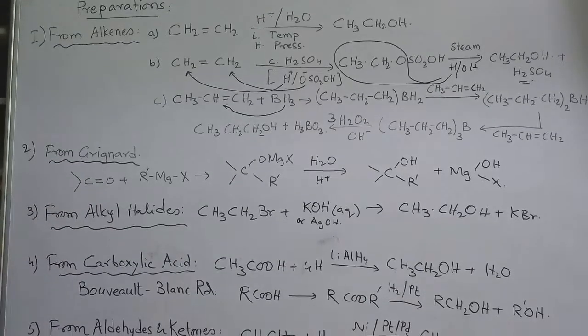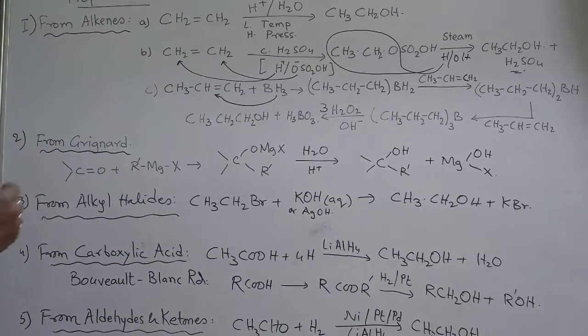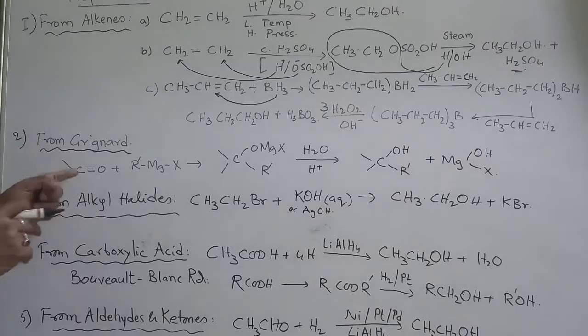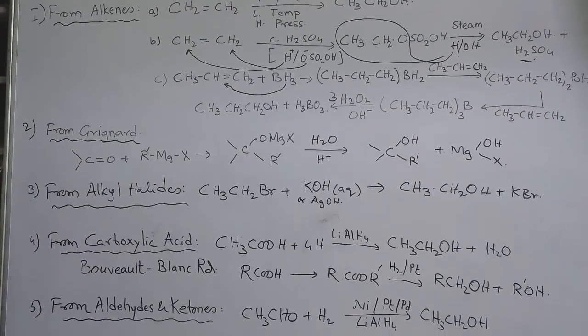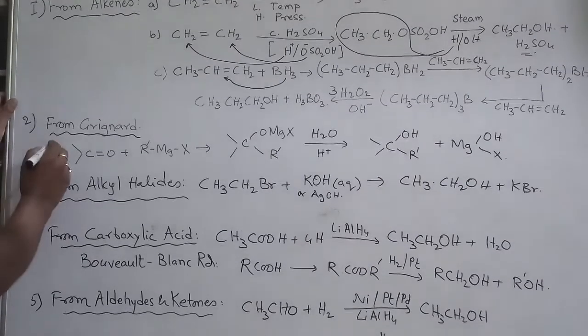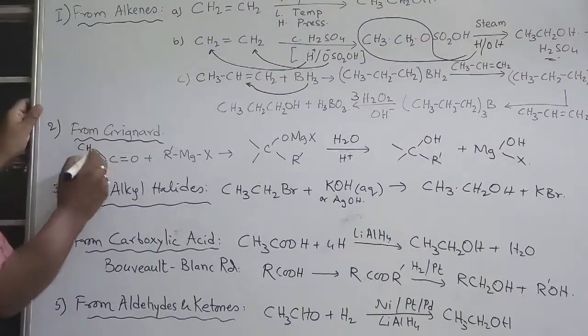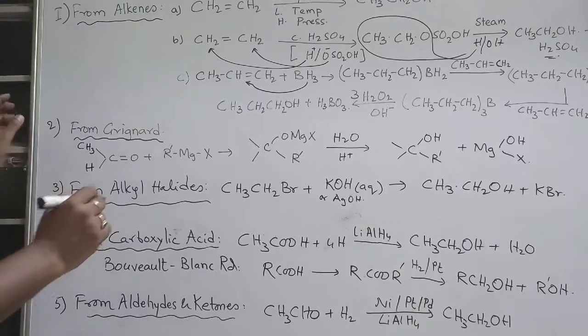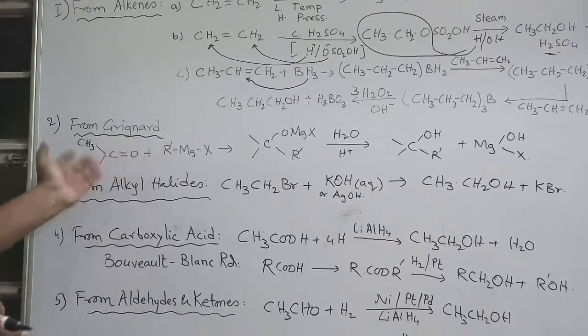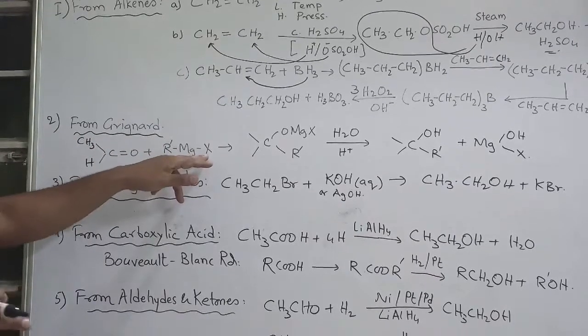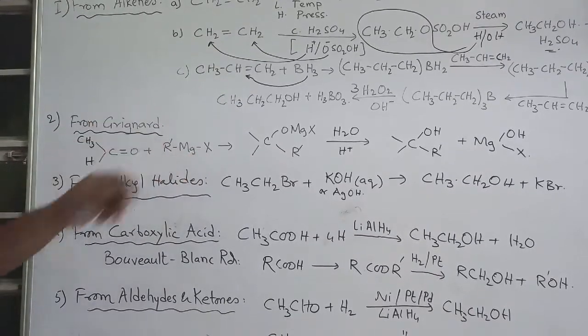When you go for the Grignard reagent, students, you can be sure that you are going to get it from any carbonyl group, whether it's an aldehyde or a ketone. So if you take an aldehyde, say CH3 here and hydrogen here, and this is any kind of alkyl, and X represents a halogen.